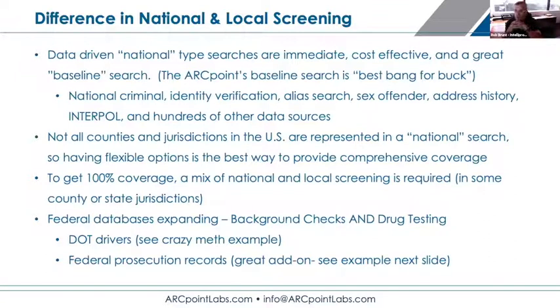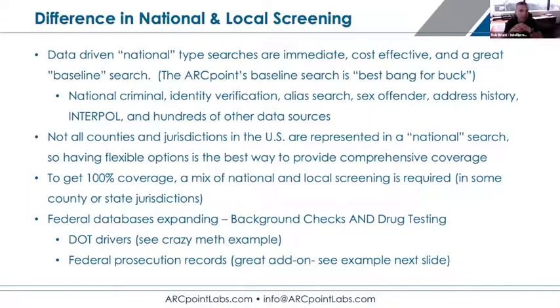I don't know if any of you are doing drug testing, but the Federal Register for anybody getting tested under the DOT program goes live at the beginning of next year, which is going to be great because we've had a lot of situations where people have tested positive for meth and they literally go across town and get hired with another trucking company. If that company didn't do a good job with screening and background checking, which sometimes they don't, that person is now behind the wheel of a huge truck and they're a meth addict and they just got a new job somewhere else.